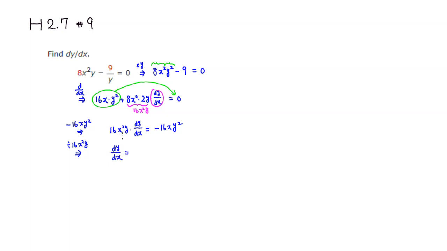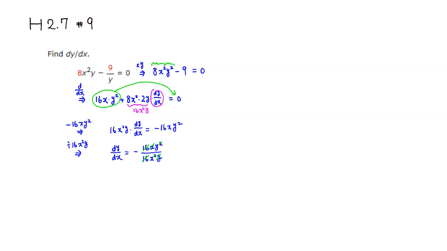The original right-hand side is negative 16xy squared, and we're dividing by 16x squared y. It seems like we can cancel the 16 on top and the 16 on the bottom. Then you have an x on top and there are 2 on the bottom, so I cancel 1 of them. And you have y squared on top and 1 y on the bottom, so I cancel 1 of them.